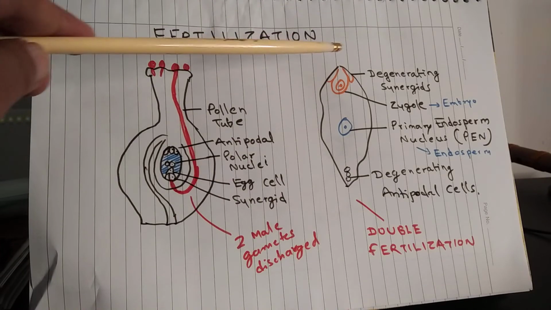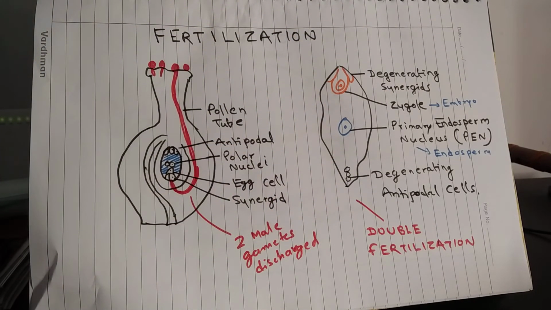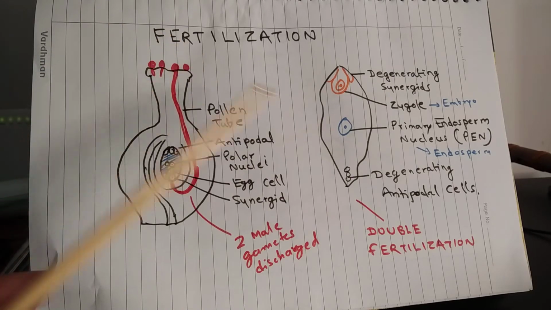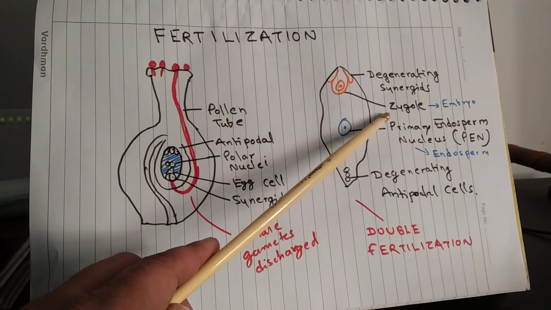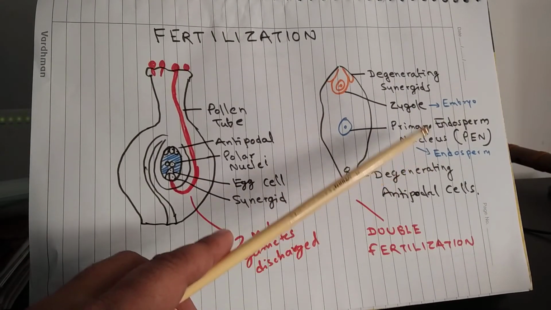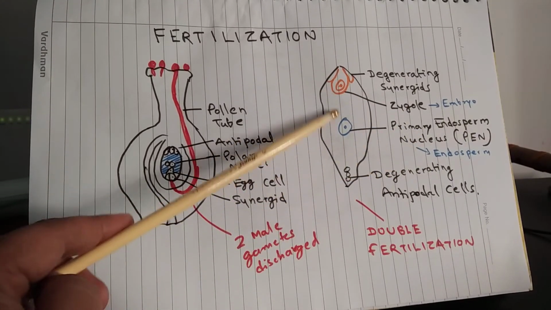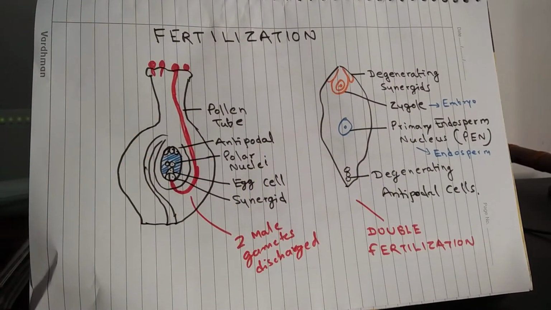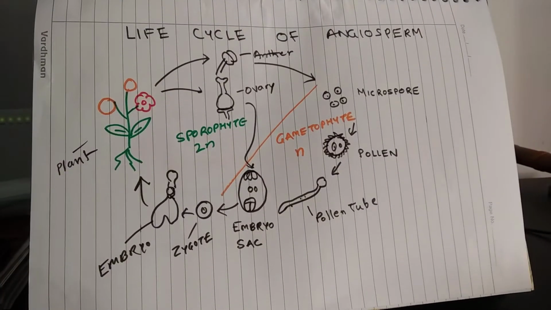The synergids degenerate, and the antipodal cells also degenerate. After that, seeds are formed. A seed contains the embryo and the endosperm. The endosperm provides food to the growing embryo. So, that is the role of the primary endosperm nucleus or endosperm. This is all about double fertilization.